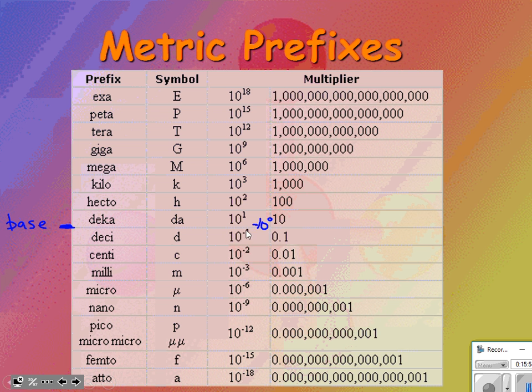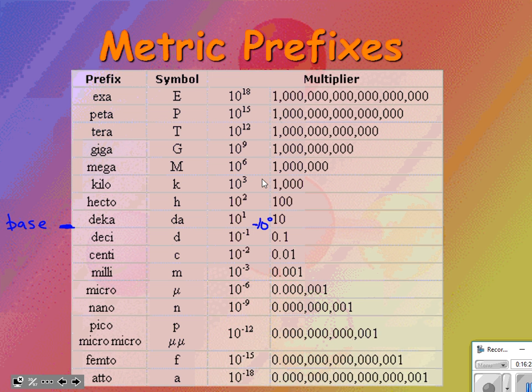Now if you look right here, base is 0, kilo is 10 to the 3. So how many jumps? 3, which way? To the left, right? So as I'm going up that scale, I'm moving it to the left. As I'm going down the scale, I'm moving it to the right.